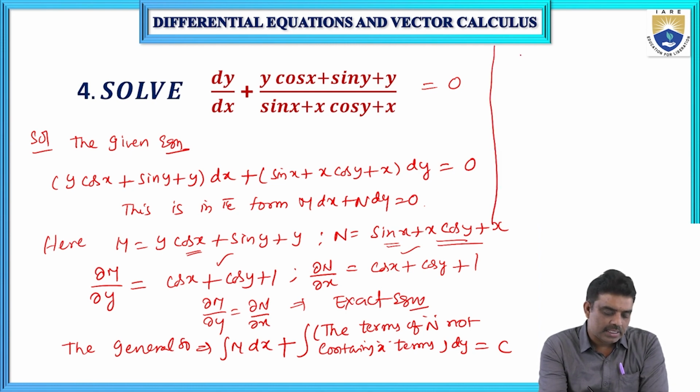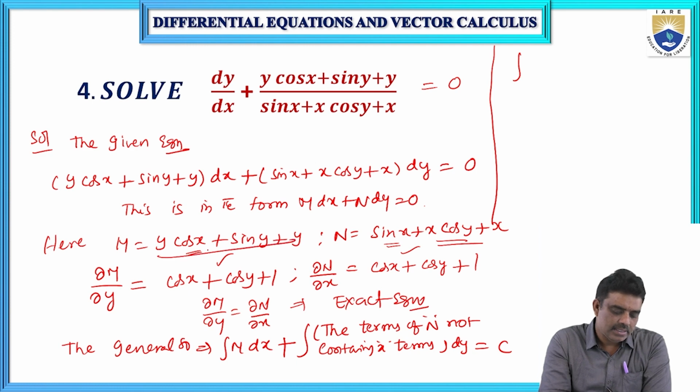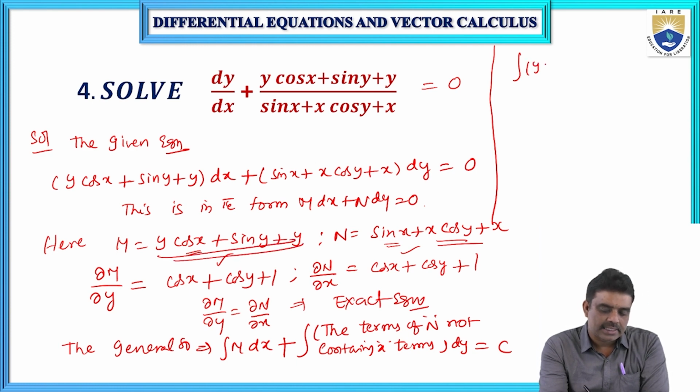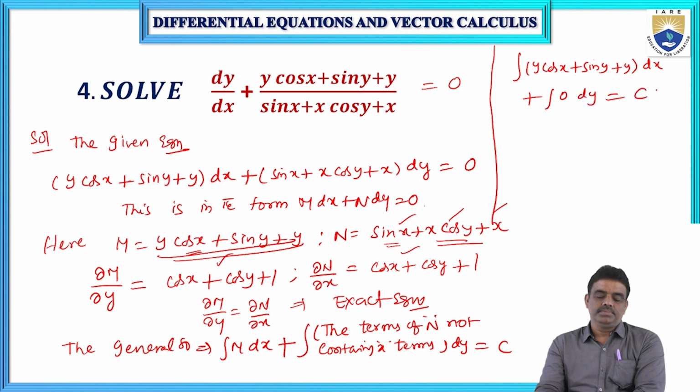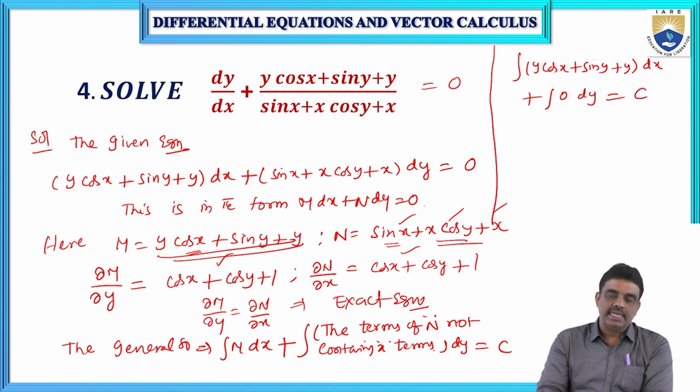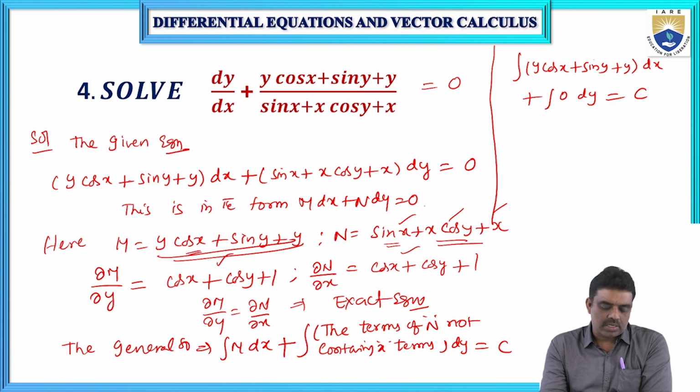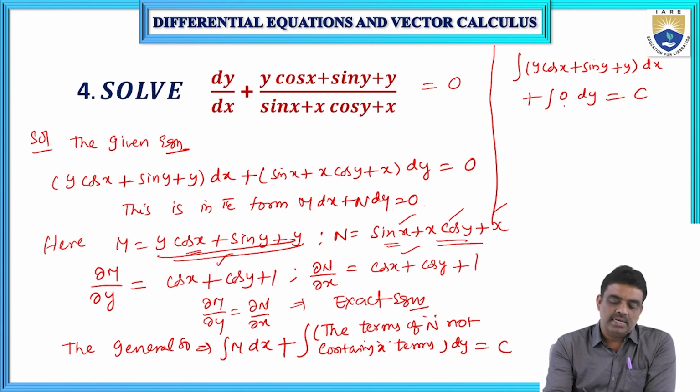So integral M dx means integral of (y cos x plus sin y plus y) dx, plus the terms of N not containing x, integral dy, is equal to c. Here all terms of N have x, so there is no term which is not containing x, so it is integral 0 dy.